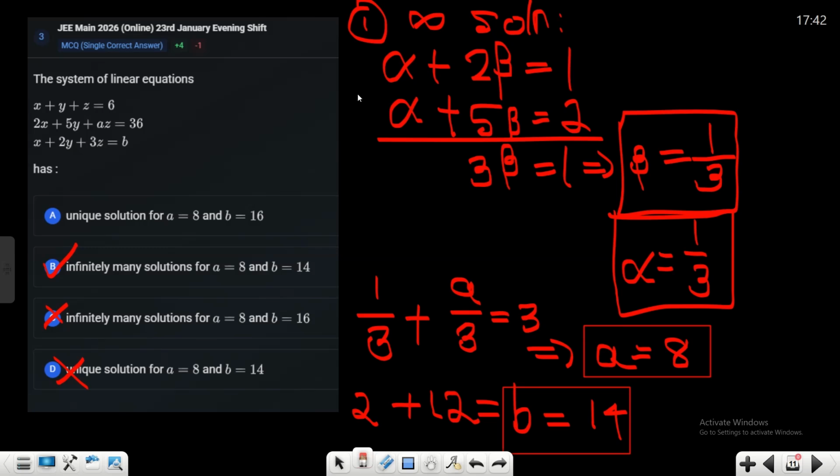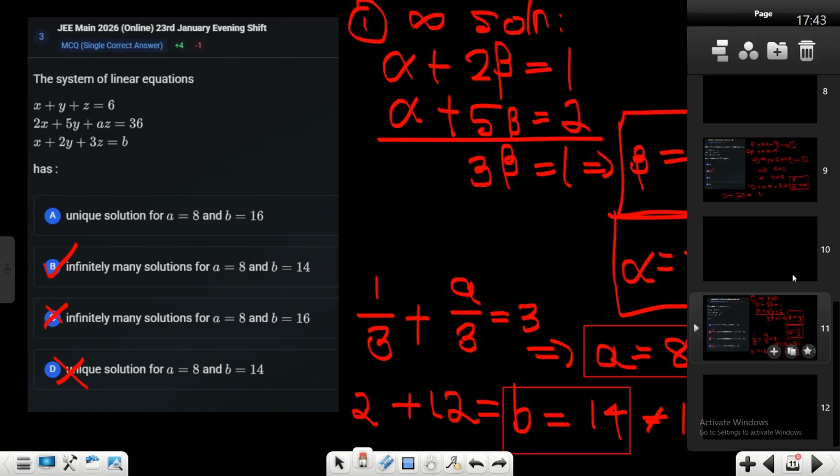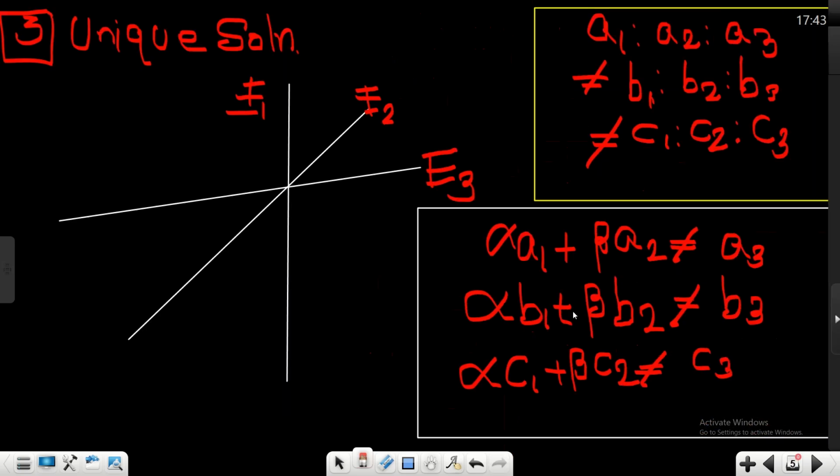Now you will see that 14 is not equal to 16, so b equal to 16 is correct for this case. But a is appearing as 8. If you remember the condition for unique solution, it should not even be equal.